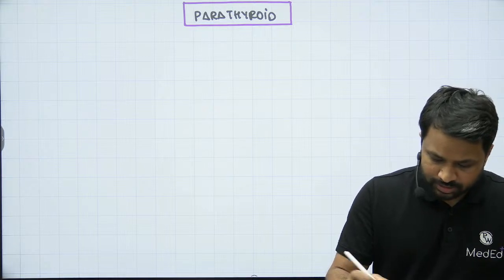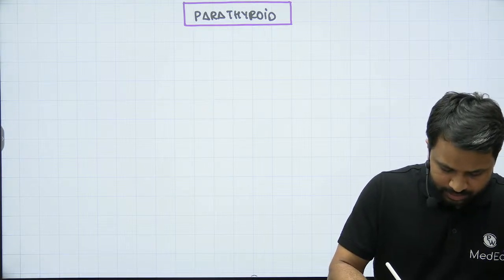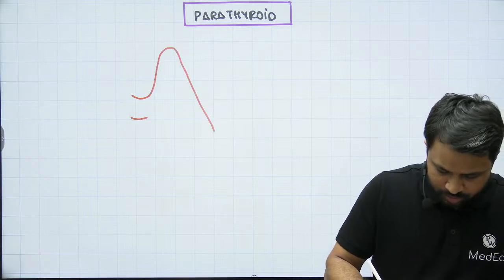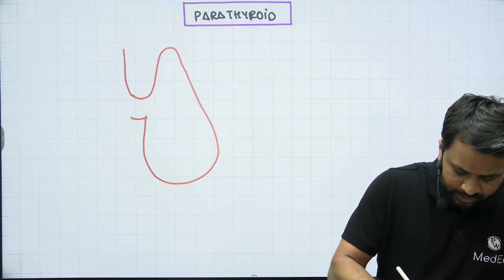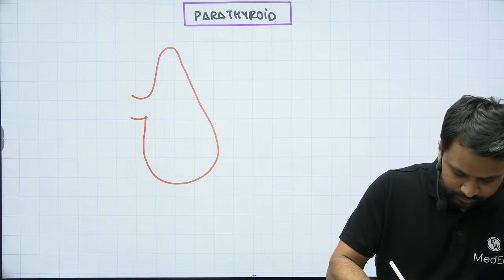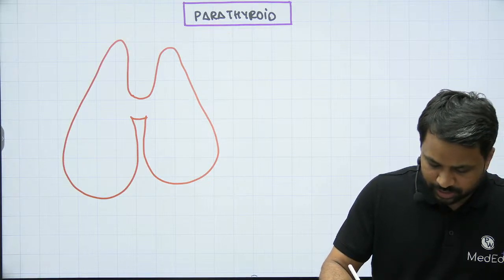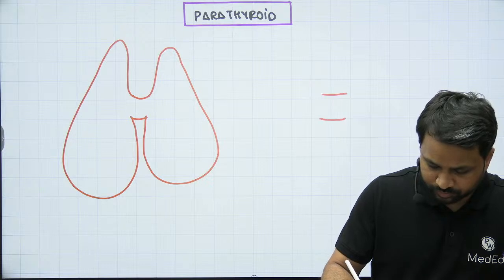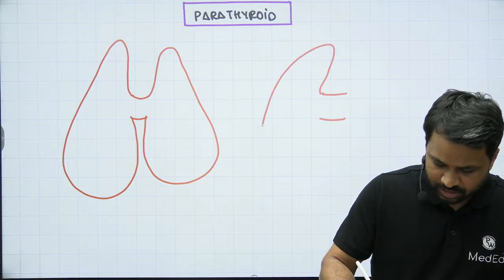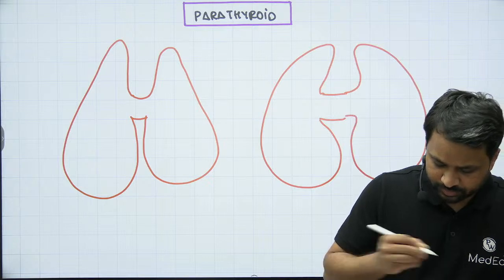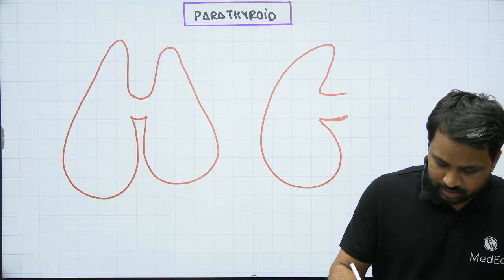Now imagine that this is the thyroid gland. I'm going to give you the anterior view as well as the posterior view. This is the anterior view of the thyroid gland, and this is how the posterior view would look.